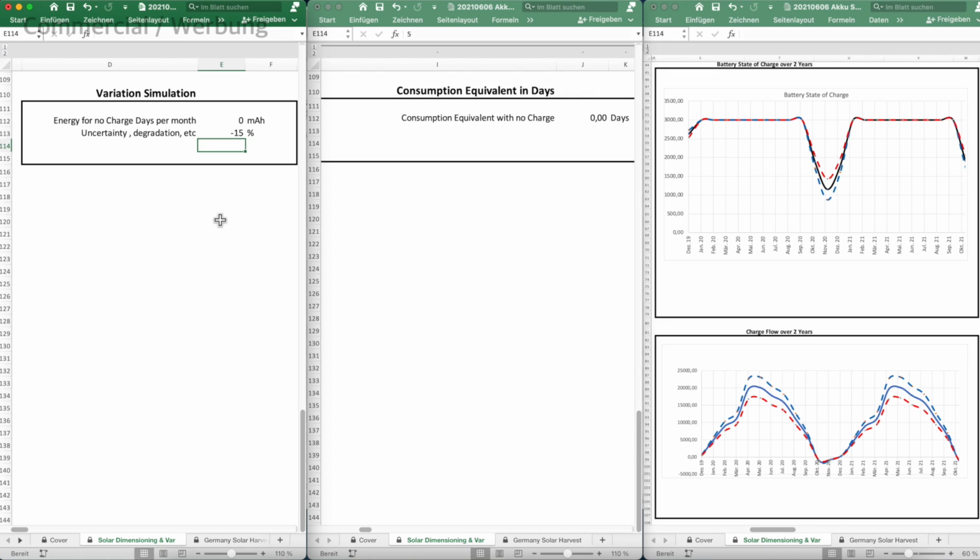Now we are going to simulate exceptional things, like shading through snow, leaves, etc. First we try out 100 mAh loss, which is less than a day's consumption, as we can see from the middle section here.